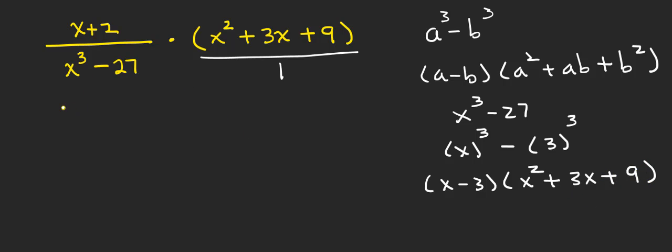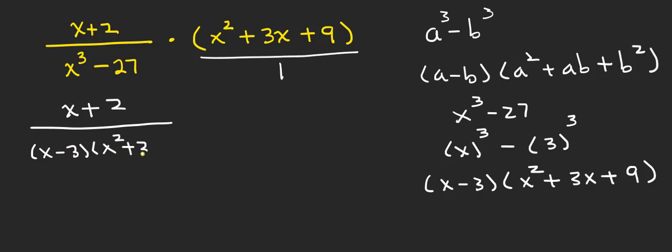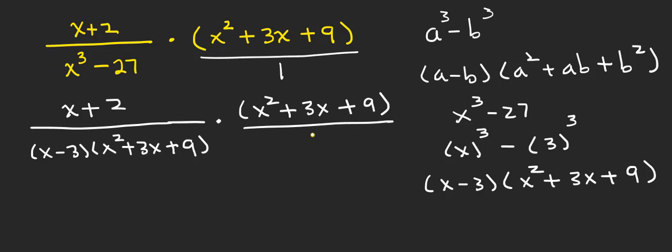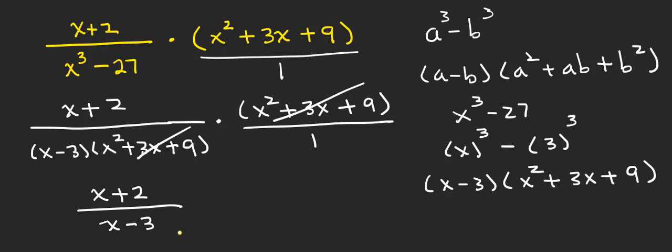So you get x plus 2 over quantity x minus 3 times x squared plus 3x plus 9, times quantity x squared plus 3x plus 9 all over 1. So these two cancel out, and you're left with x plus 2 over x minus 3.